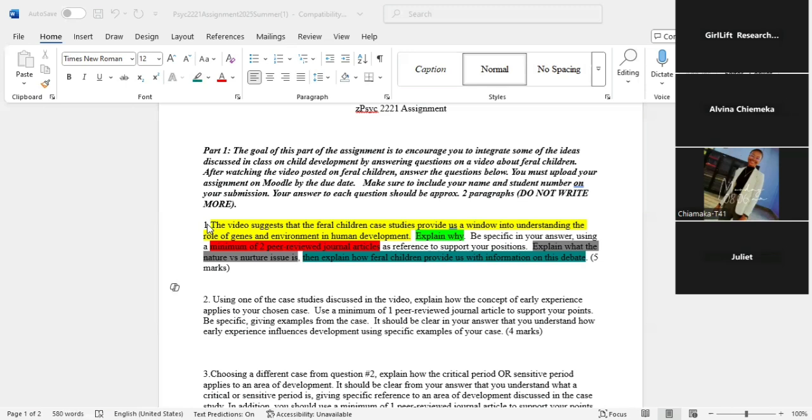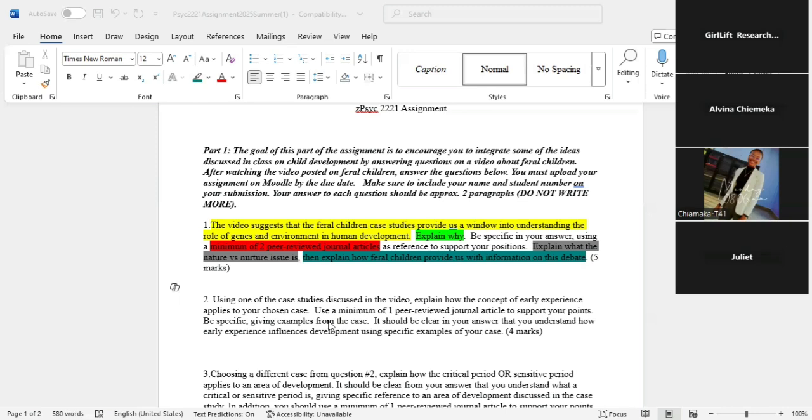I think this particular sentence is about how we can analyze or draw a conclusion based on the case study of the video, to explain how it applies to the chosen case, like the case study of these feral children.